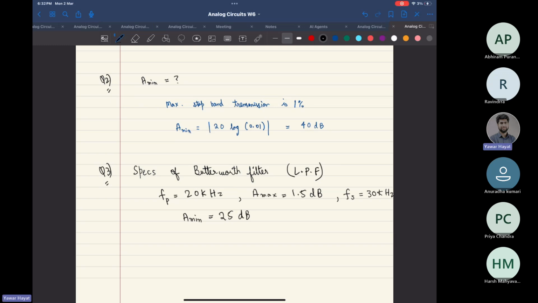You need to determine what is the order of the filter, n. So determine this n, the order of the filter. Please attend to this one.